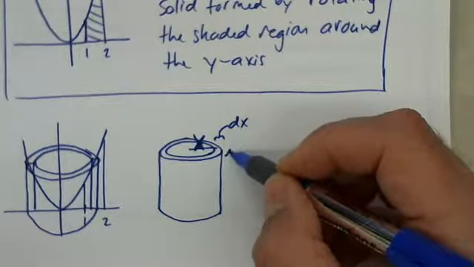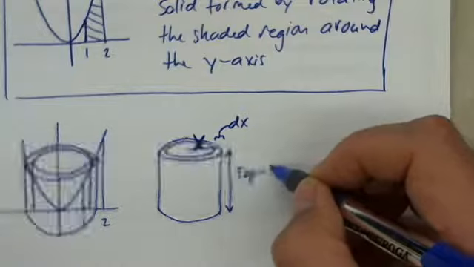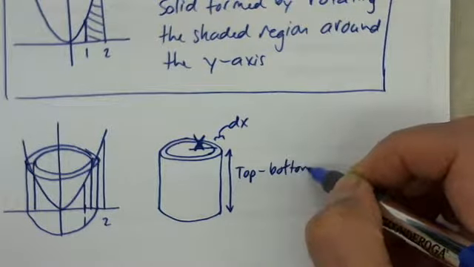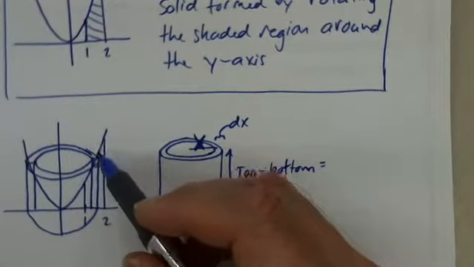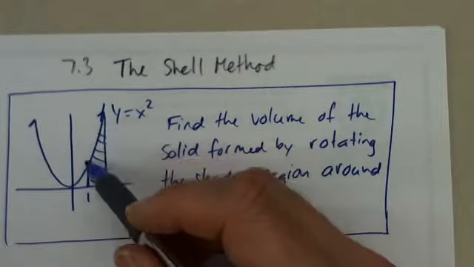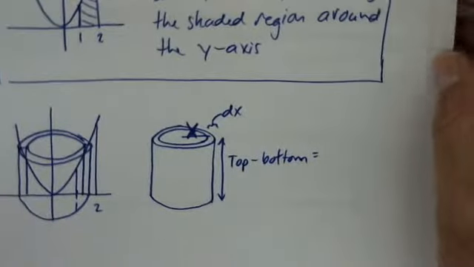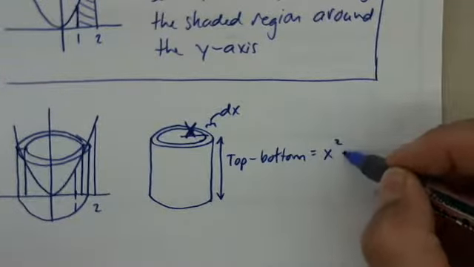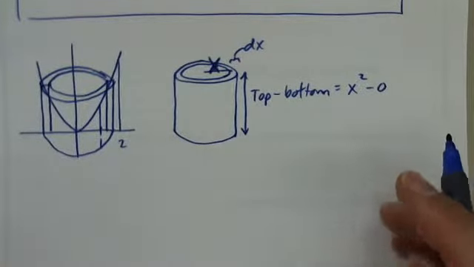And the height of the cylinder is top minus bottom. So in this case, the top of the region is x squared, and the bottom is y equals 0. So we have top minus bottom. And now let's put this into formulas.